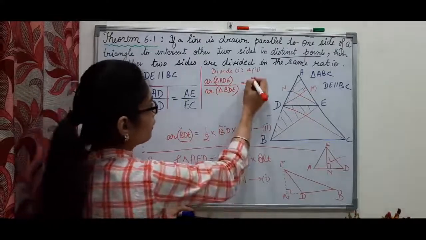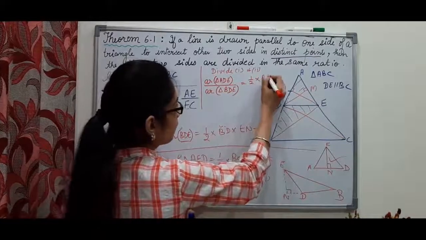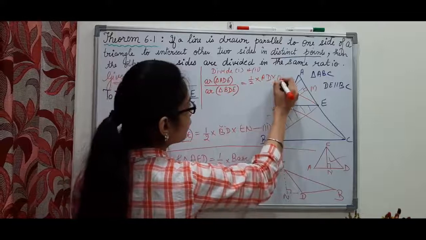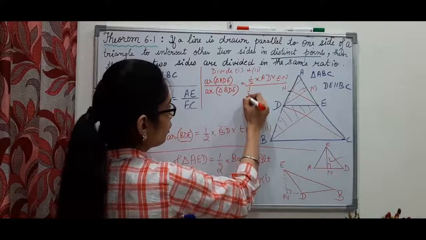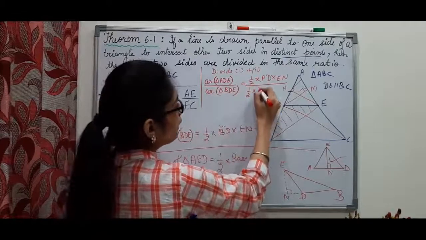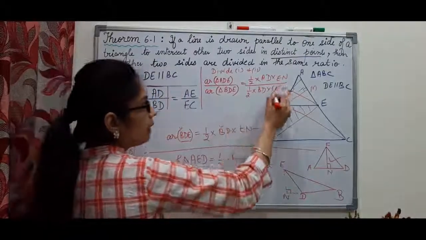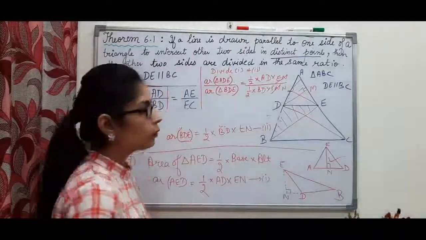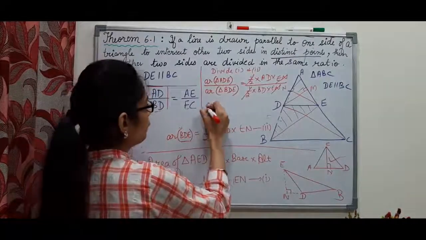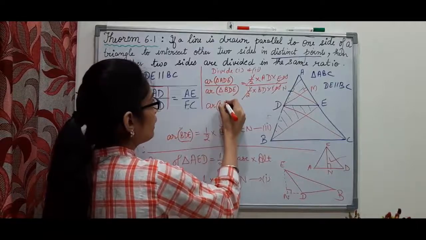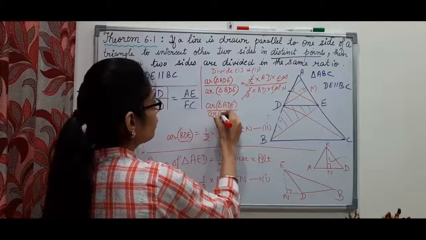As it is, you can write this ADE is half into AD into EN, and this area is half into BD into EN. So this is what we have got. EN and EN will get cancelled because both are the same. 1 by 2 and 1 by 2 will get cancelled. So now I am left with area of triangle ADE over area of triangle BDE.